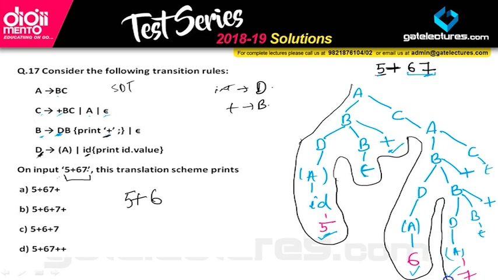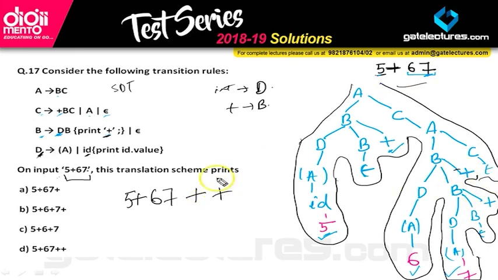Then nothing, and then it is producing 7, and after that a plus, and again a plus over here, and then null production, and then done. So what is my output? 5 plus 6 7 plus plus 5 plus 6 7 plus plus. So option D is right here.